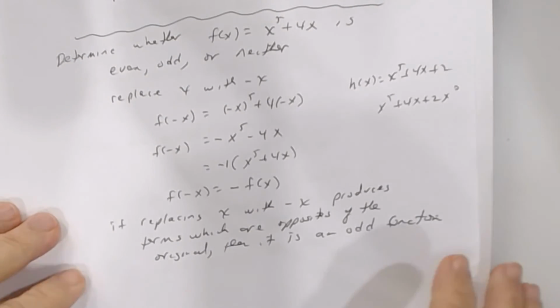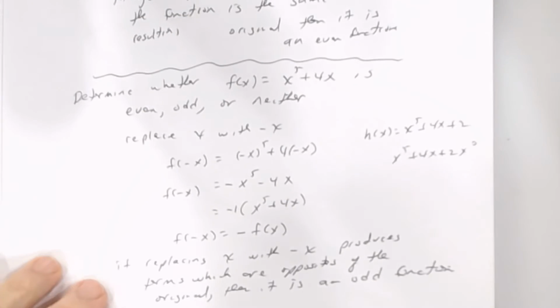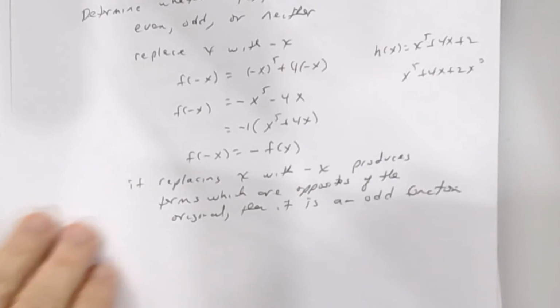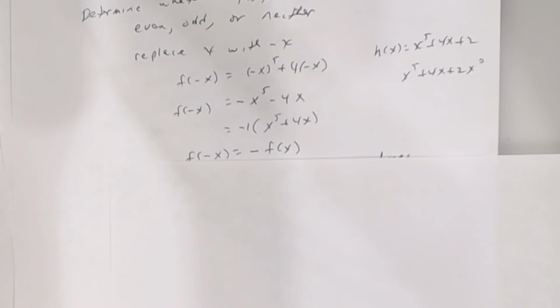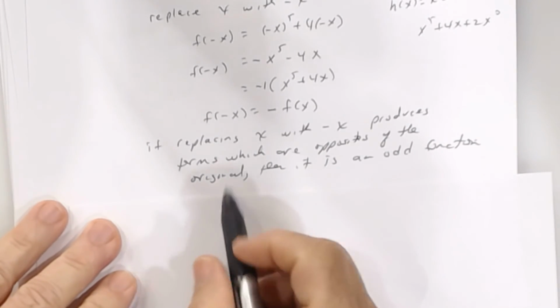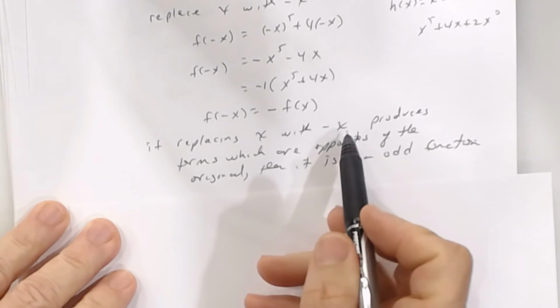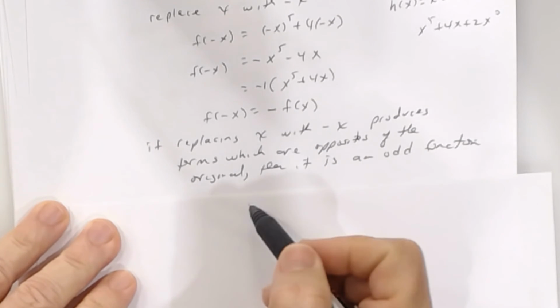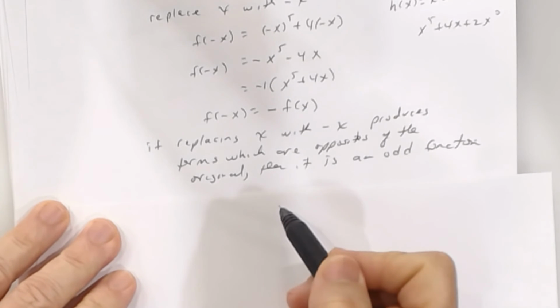All right, and then finally, let's look at this one. Or suppose I had this one. G of x, so determine. So remember, if replacing x with negative x produces terms which are opposite of the original, then it's an odd function.